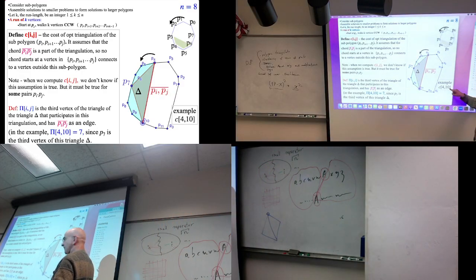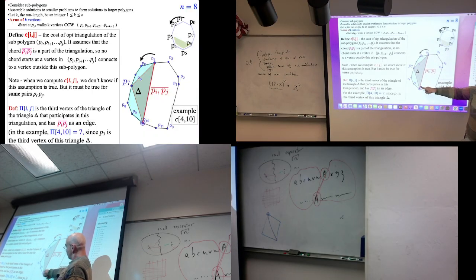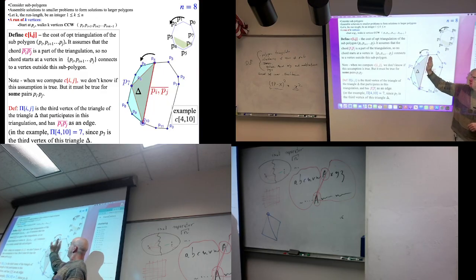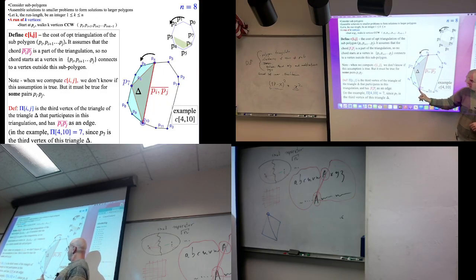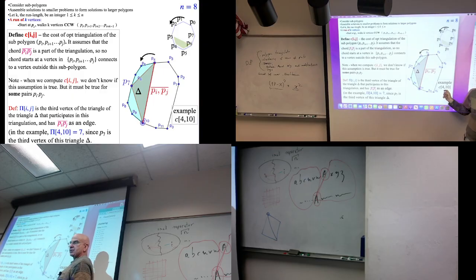So C(4,10) will have, when I'm done, the optimal cost of triangulating the subpolygon bounded by the chord P4 to P10. Okay? That's what the cost is.